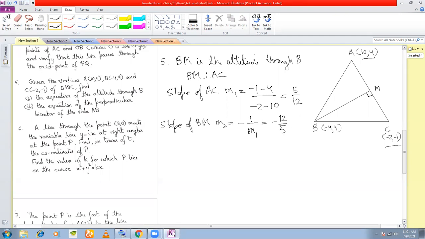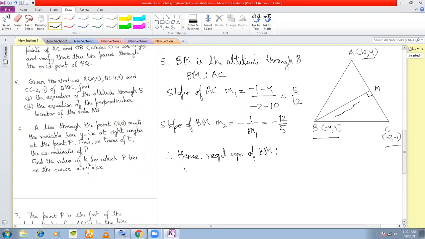And you also know that this BM, this straight line, passes through B. So therefore, what should be the equation of BM? Hence, the required equation of BM. You know a point. You know the slope of BM.